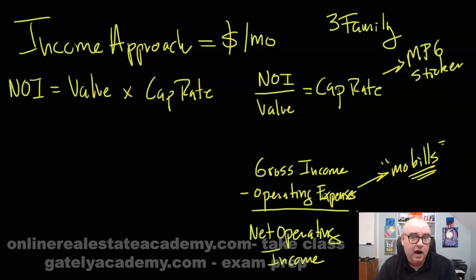And just like when you drive your car, you want your mile per gallon to be high, right? You want 25, 30 or something higher. And if you're getting 12 miles to the gallon, that's not good. That's inefficient. And it's just the same way with cap rate. I would like for your basic 3-family cap rate to be somewhere around 8% or something like that. It varies with location.